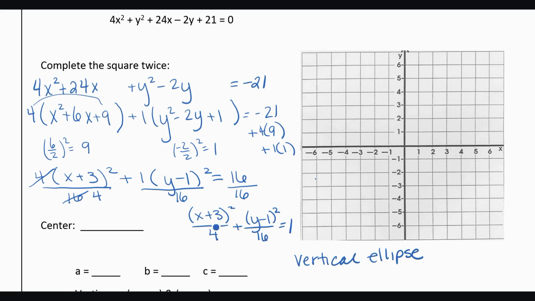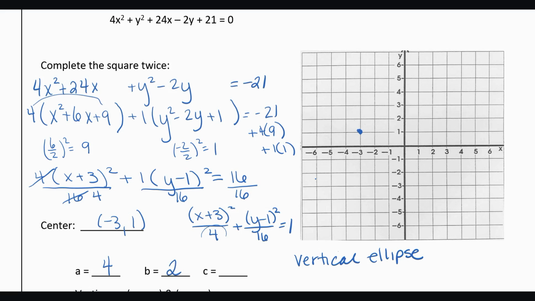So our center, we take, remember, the opposite of what's in here, so negative 3 comma 1. So we can plot that point. So our a is going to be the square root of the larger number here, so square root of 16 will be 4. b will be the square root of the other one, 4, so 2.